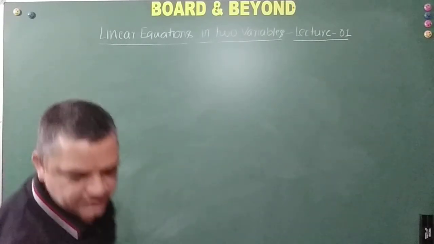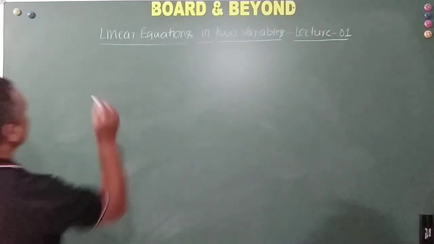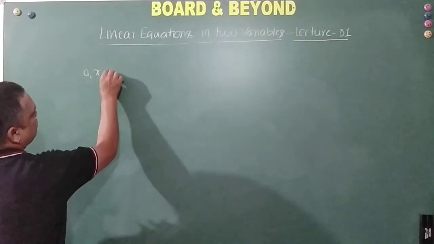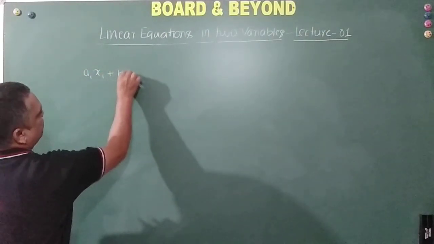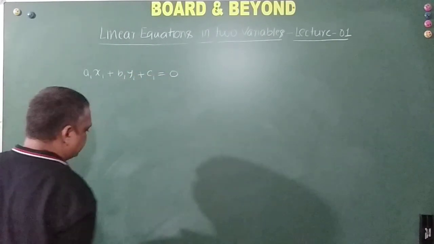We will try to understand it a little more. Now, let us say simultaneous linear equations. So we will write what, friends? a1x plus b1y plus c1 is equal to 0, I am writing the generic form, right?